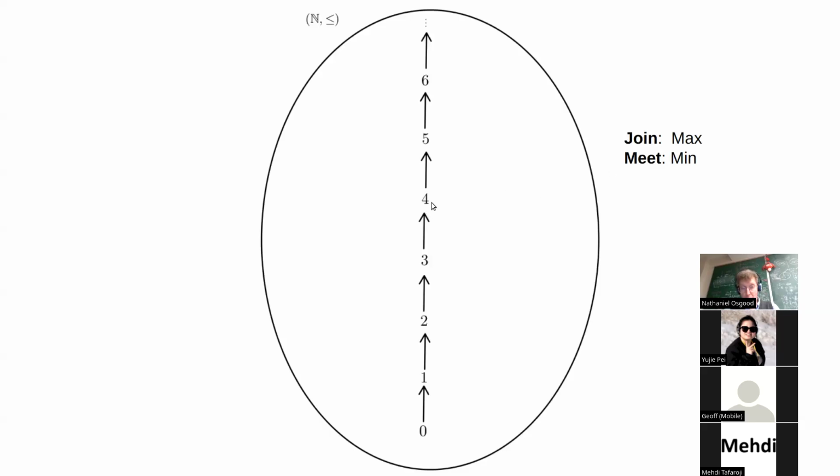If we have 3 and 4, the product of them, in this case a preorder, is the closest upstream one that has a morphism to both of them. 1 to 3 and 1 to 4, so the meet is 3 here. That's the product. The join is 4, which is also the coproduct of these, and mathematically here it's given by max.